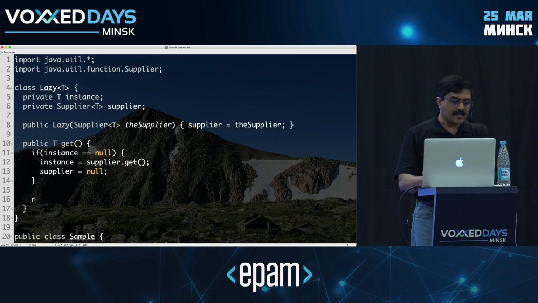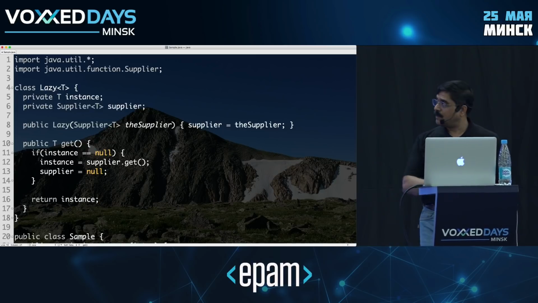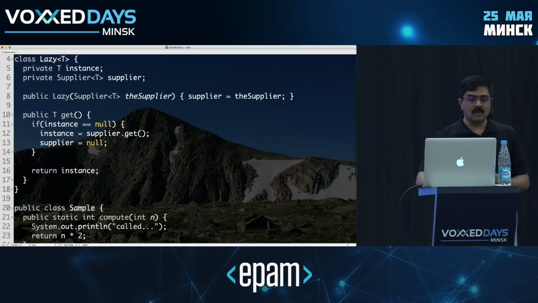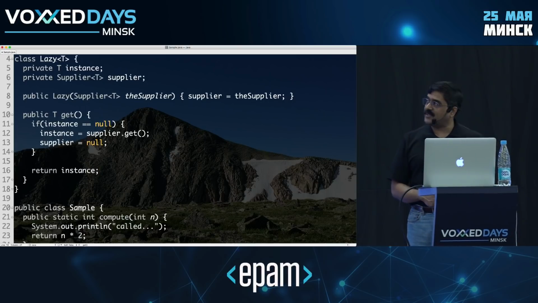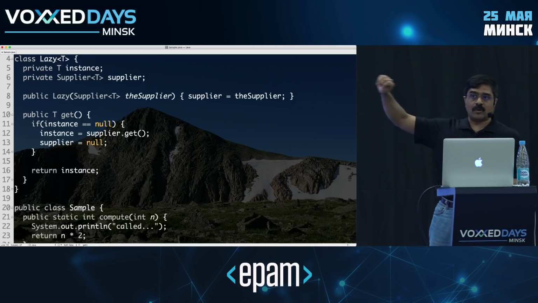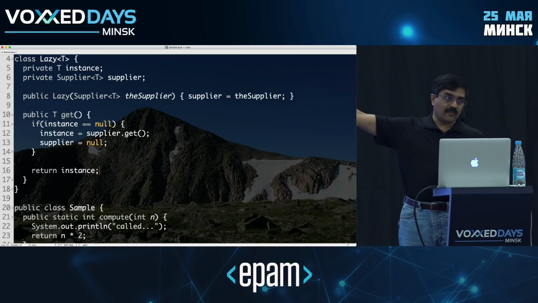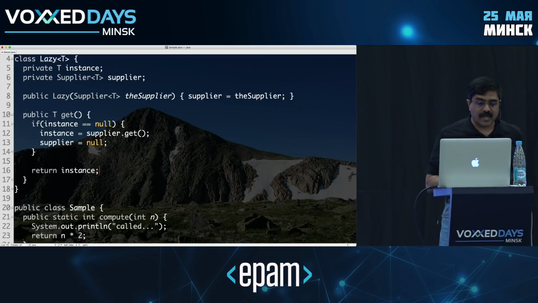And then, of course, I can simply return the instance that we have. This is not thread safe, but my intention is not to make it thread safe, but that gives you an idea about how we are going to implement it. So the lazy class simply says, I'm going to check my instance to be not null. If it is null, I'm going to get the value from the supplier, save it into my instance, and then, of course, return the instance, whether it is there or not.